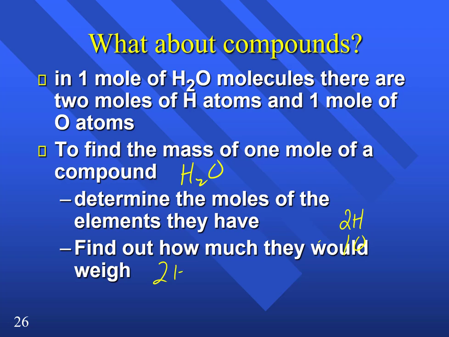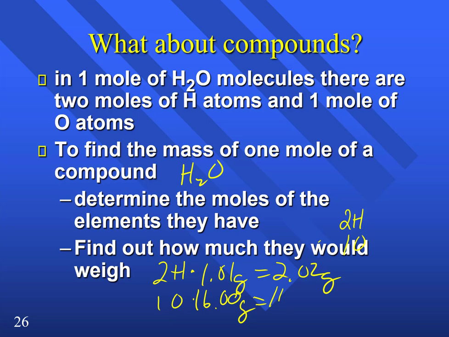Well, 2 H's times, looking at the periodic table, it says hydrogen's 1.01 grams. And that's 2.02 grams. And the 1 O, I looked that up on the periodic table, it's 16.00. And 1 times 16 is 16.00 grams. Everybody okay so far?